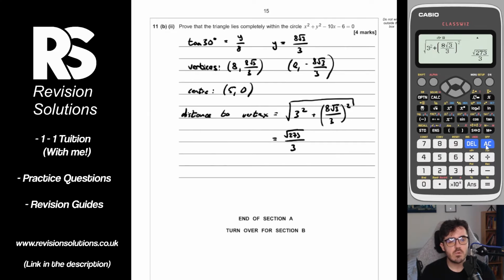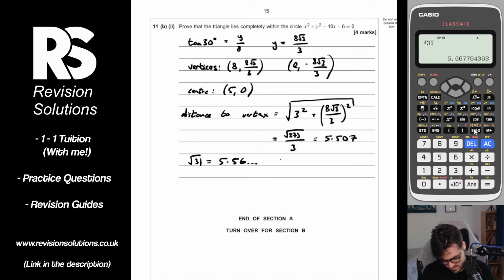And let's just check that that's smaller than the square root of 31. So there we go, 5.507. The square root of 31, what's that? 5.56.